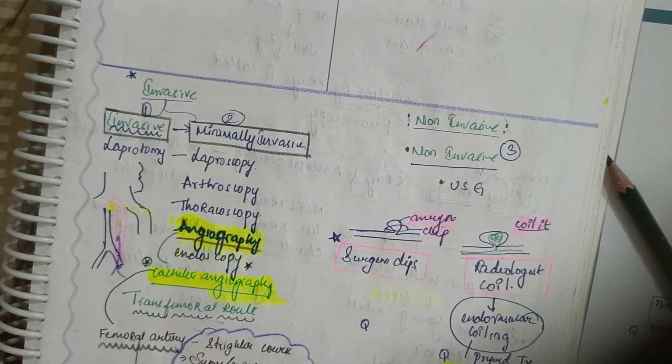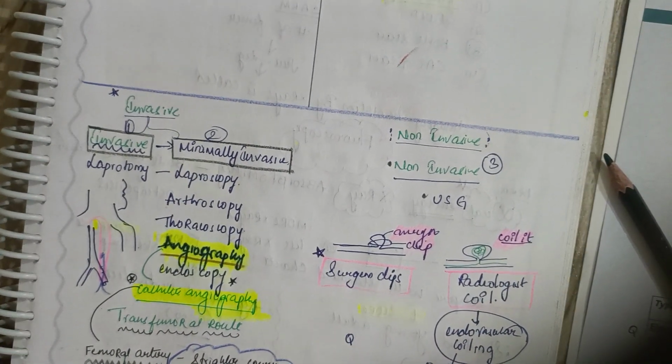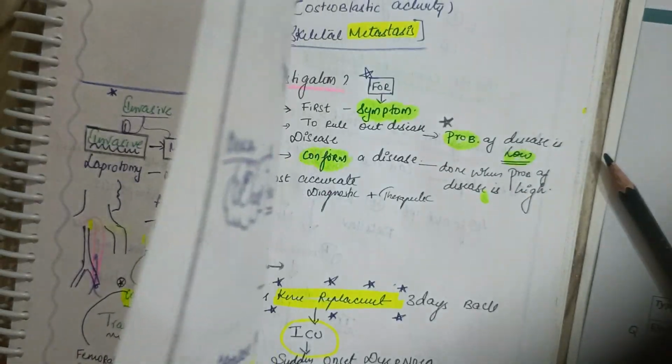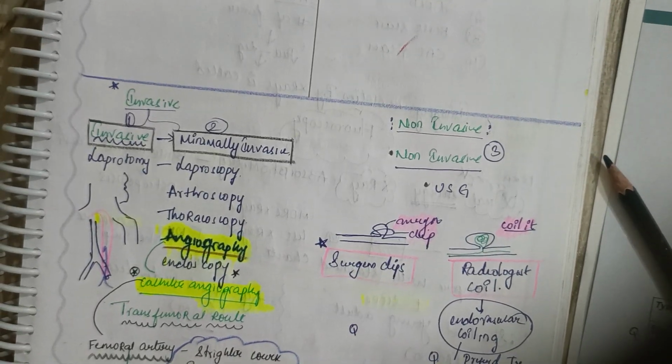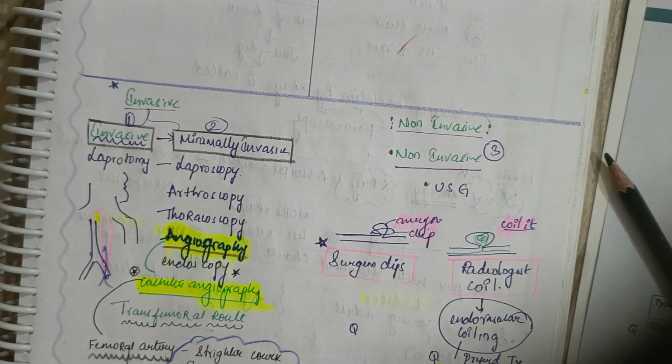Now let us understand the meaning of invasive and non-invasive. The invasive procedures are again divided into two: one is invasive, the next is minimally invasive. When I say invasive, remember that it is a laparotomy. When I say minimally invasive, you need to understand it is a laparoscopy, where a small cut is made in the abdomen.